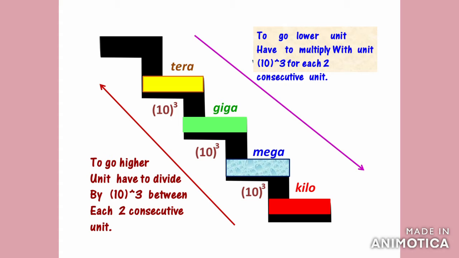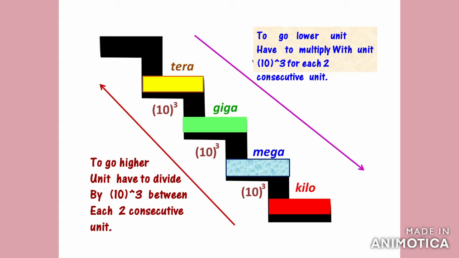Then we will get mega. Again, from mega to giga, we divide by 10 to the power 3, and again from giga to tera, 10 to the power 3. So here we are also dealing with 10, but it is 10 to the power 3.